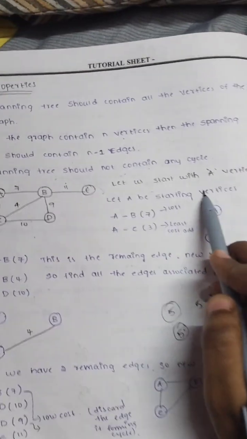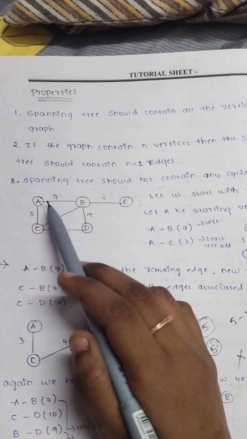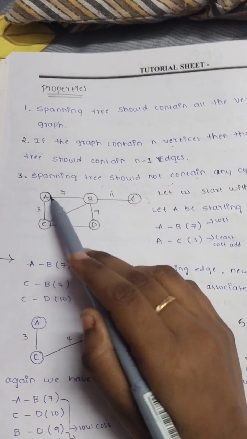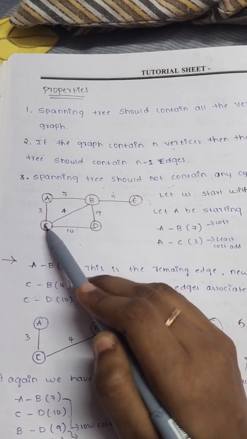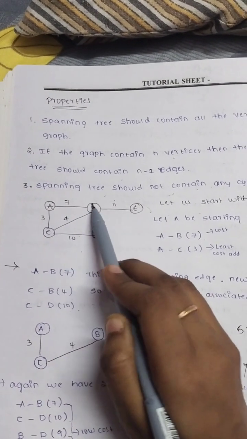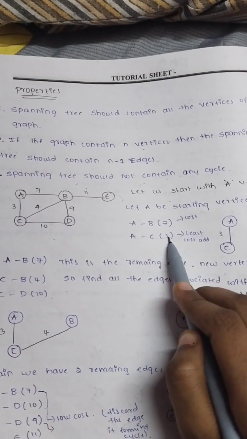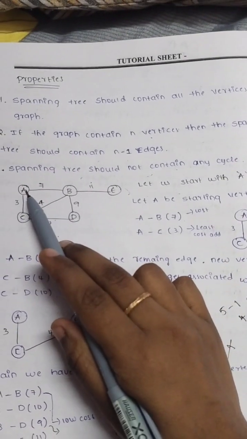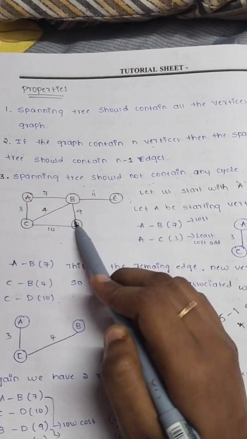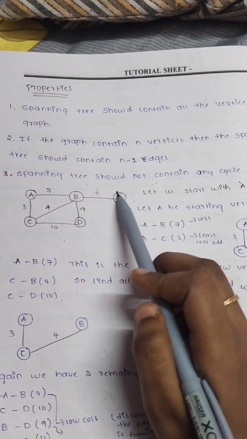Let A be the starting vertex. We have to check all the associated vertices of A. A has associated vertices C and B. From A to B the cost is 7, and from A to C the cost is 3. A does not go to D and E directly, so we are not considering those edges.